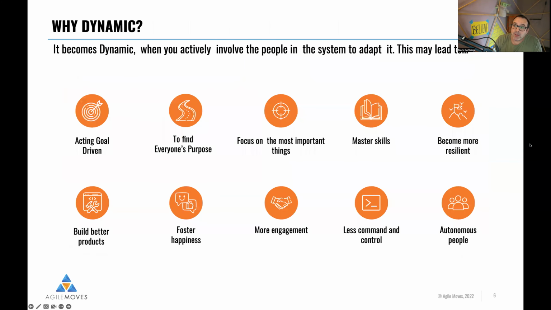This leads to a lot of things in your environment that are very, very attractive. People are mastering their skills more. There is less command and control, for example. You're fostering happiness because people are really doing the things that they want to do, because they are so purpose-driven, right?